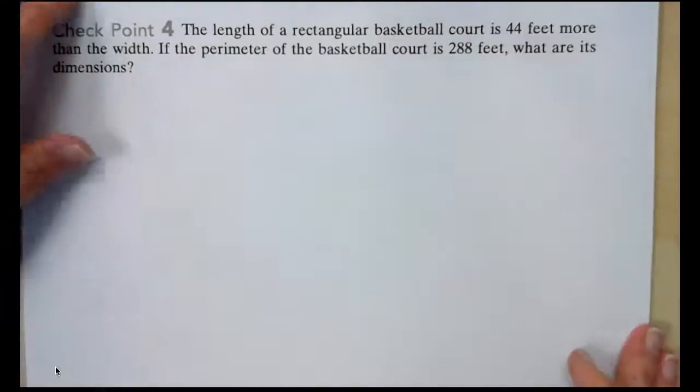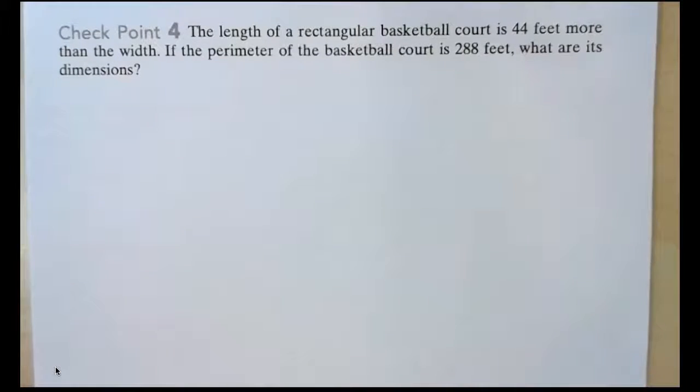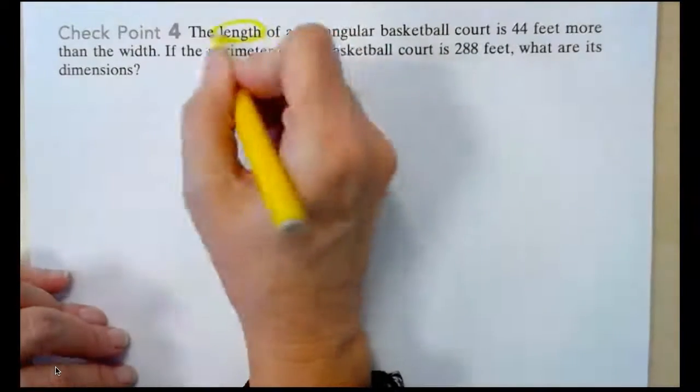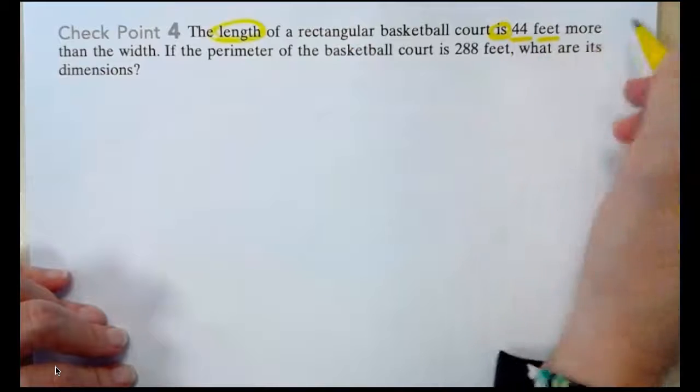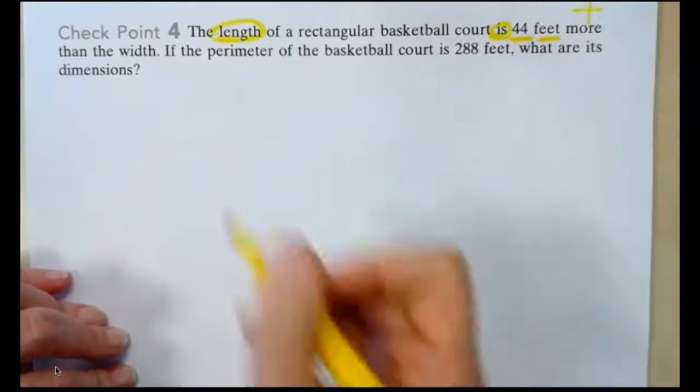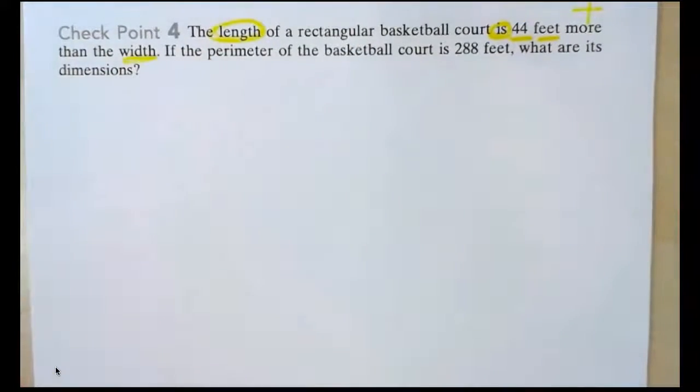Last problem. The length of a rectangular basketball court is 44 feet more than its width. If the perimeter of the basketball court is 288 feet, what are the dimensions? So once again, reading. Length is 44 feet more than what? The width. We're going to write an equation.